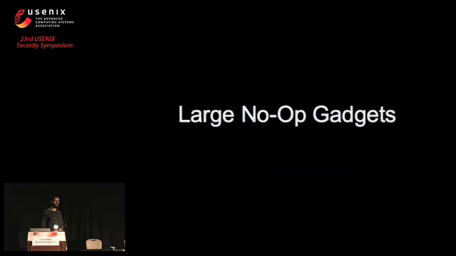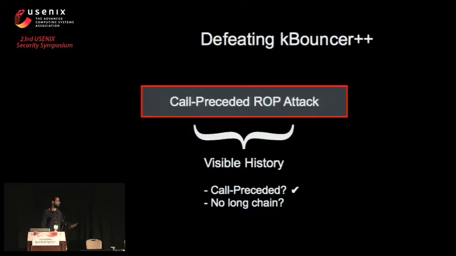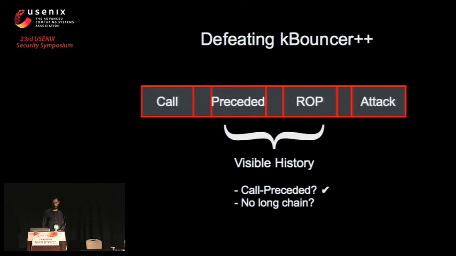So what we're going to do is reuse this long NOP gadget we introduced earlier. And the way we're going to do that is we're going to take this call-preceded exploit that we have, and split it into little pieces. And in between each piece, we're now going to insert this NOP gadget. Now when kBouncer looks at an arbitrary point in time, it's going to see a couple of short gadgets and then a long gadget, so long that kBouncer won't think it's a gadget.